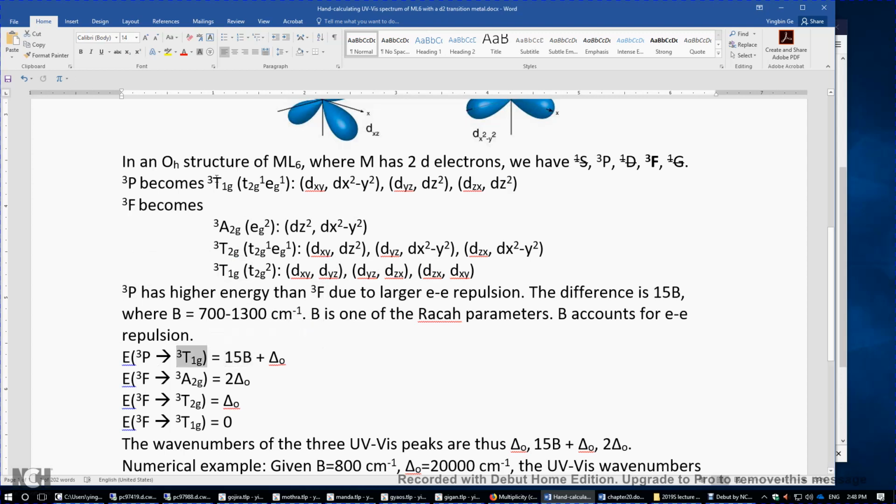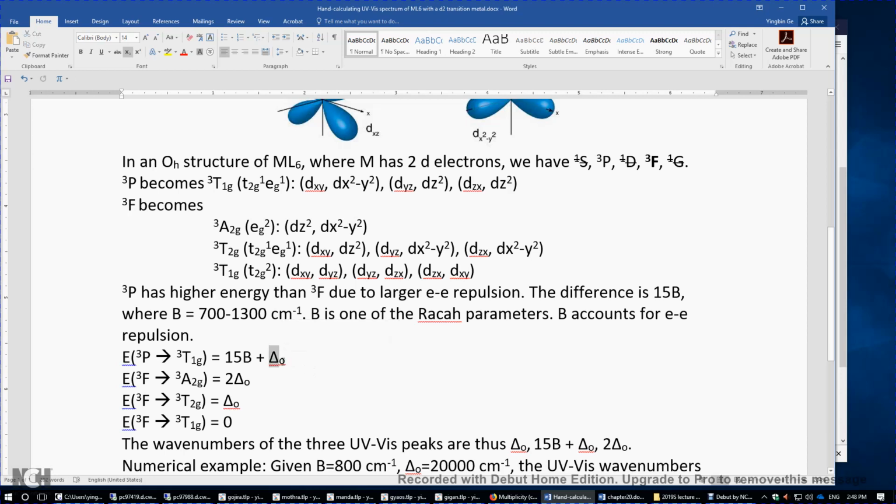In the octahedral environment, there's a second term, delta O. Why is it 15B plus delta O? Again, this delta O is the splitting between the eg orbitals and t2g orbitals. The eg orbital has higher energy than the t2g by delta O. This is the splitting in an octahedral environment.